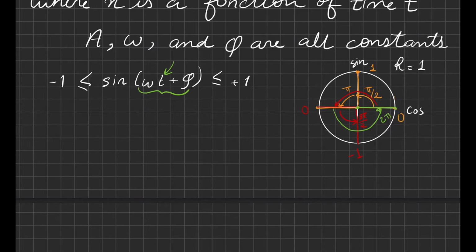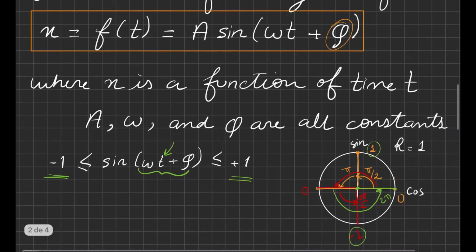We project on this axis, it is 0 here in the origin. And you can see that the maximum value of sine is plus 1, minimum is minus 1. So the sine function, whatever the angle was, because of this trigonometric circle on which sine and cosine were defined, is bounded between minus 1 and plus 1.